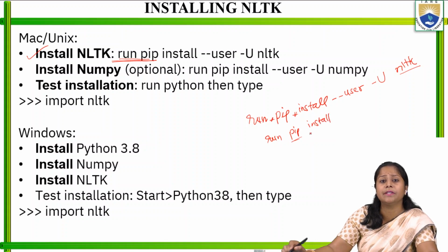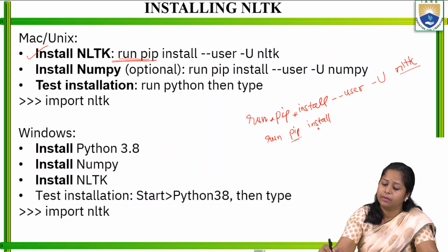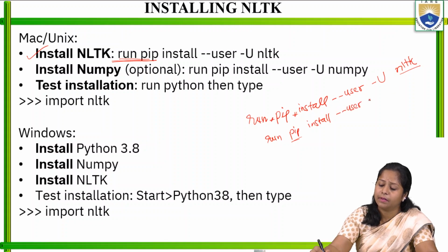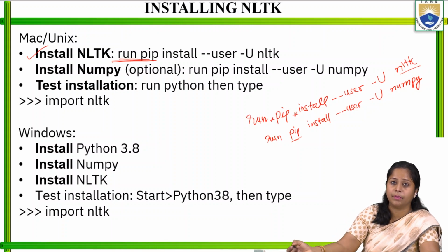Pip will be used to install the different dependencies and libraries on a Unix or Mac system. Then dash user, then space dash capital U and space NumPy. So this is written in the Unix operating system.